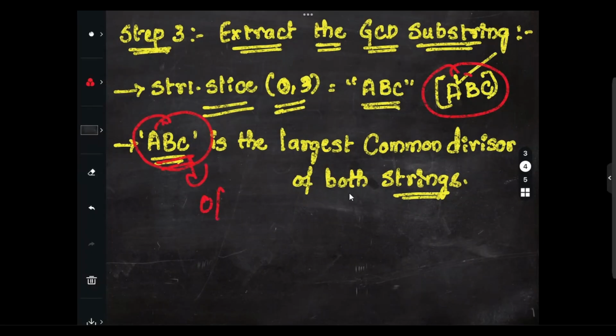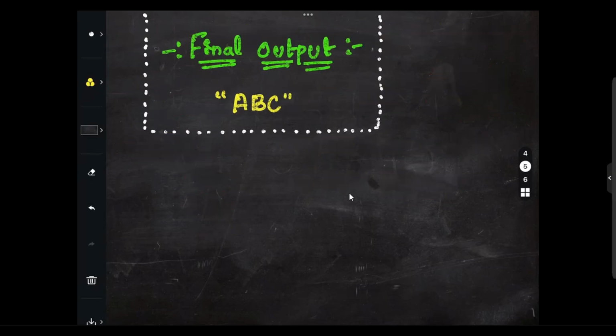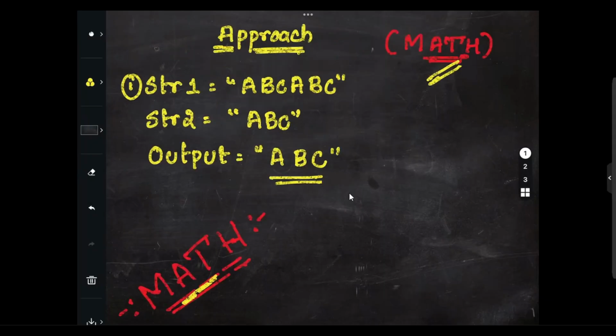This we will return as output. The final output that we got is ABC, which is equivalent to the output mentioned for example 1 in the question.